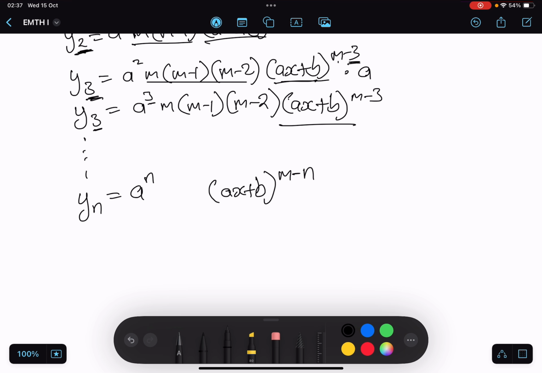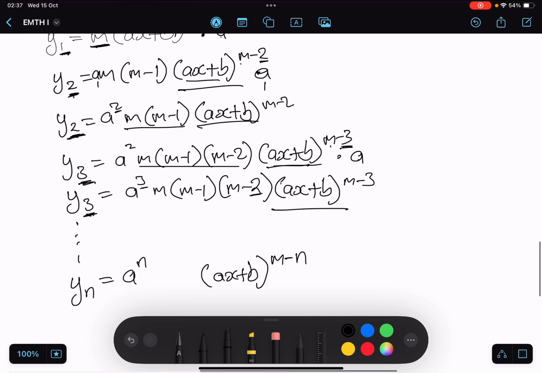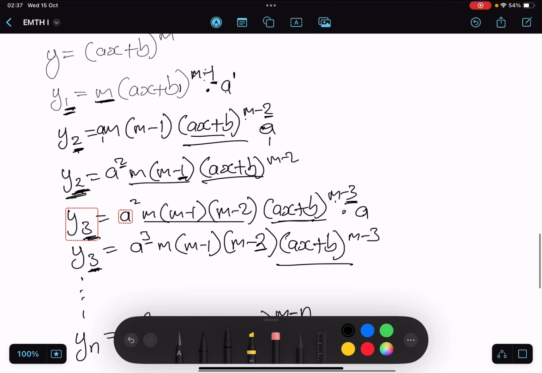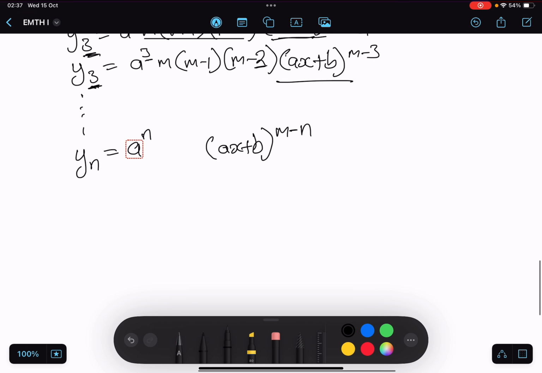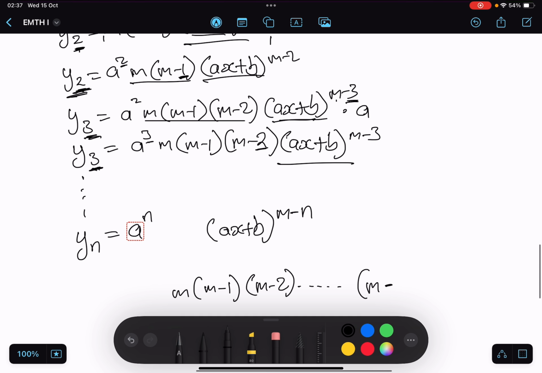So if we look at this pattern, when it's the third derivative, we have 2 here, which is equal to 3 minus 1.